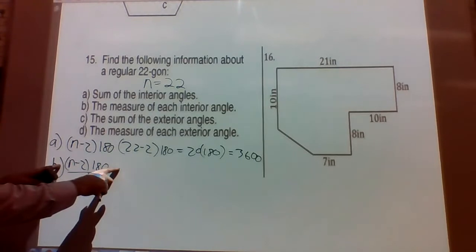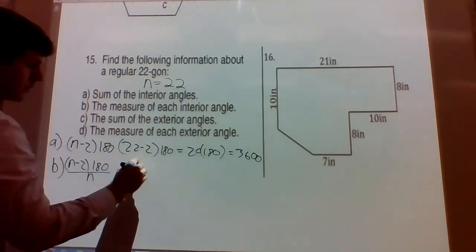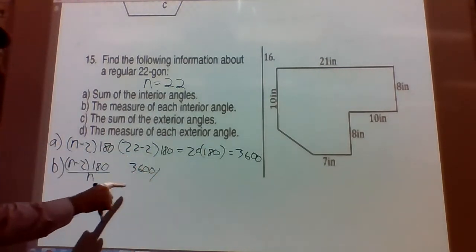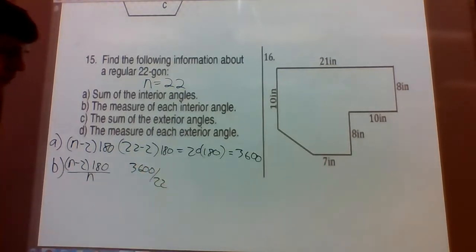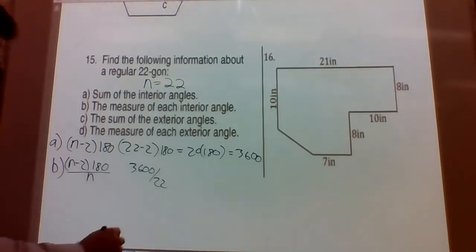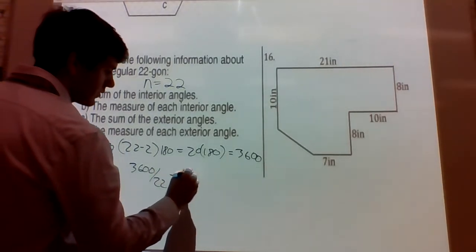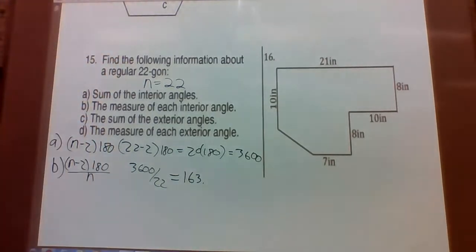We know n minus 2 times 180 is 3,600, and n is 22. So 3,600 divided by 22 is going to give us 1,800 over 11, so 163.6, or 163.636.